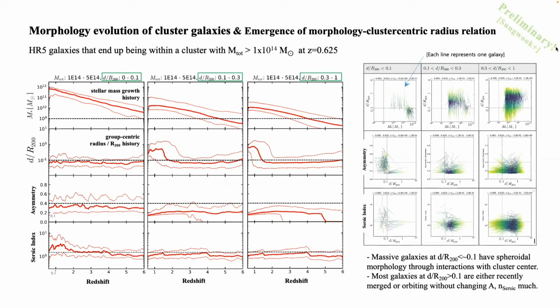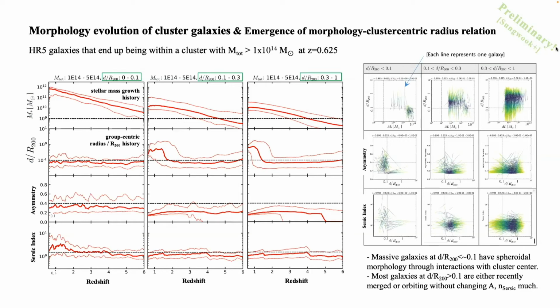Each line shows the position of a galaxy in stellar mass versus cluster-centric radius at redshift 1 and 0.6. Each line is one galaxy, just connected. The yellow is the position at redshift 1, and the violet is the position at z equal 0.6.